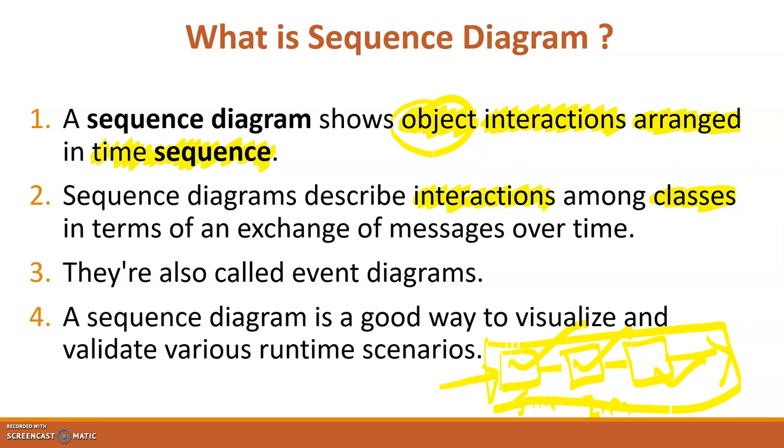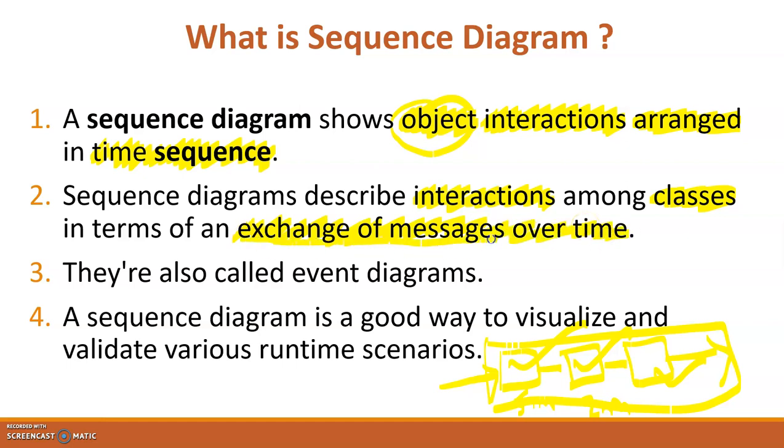So how all the things interact with each other to execute one particular operation, that we can show through the sequence diagram. A sequence diagram describes interaction among classes in terms of an exchange of messages over time.